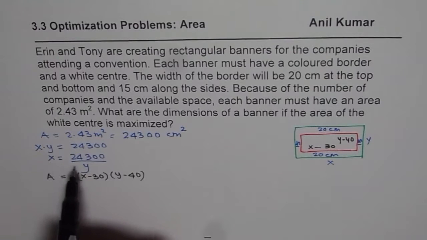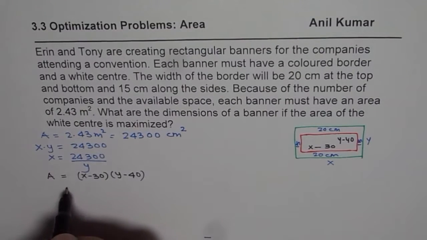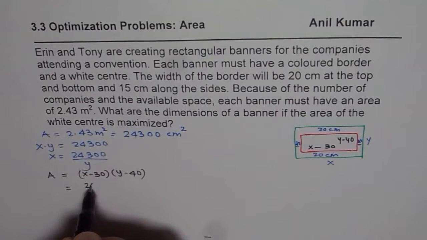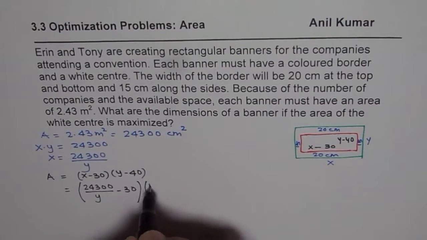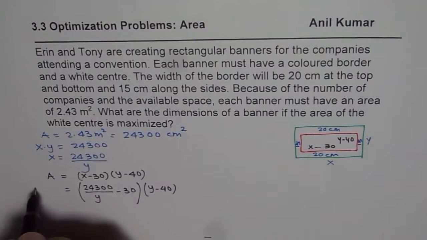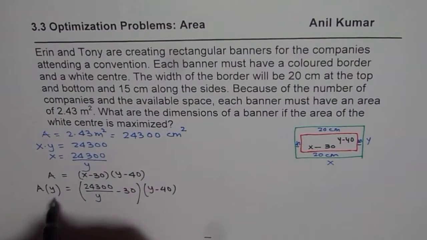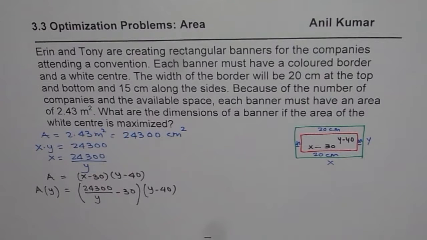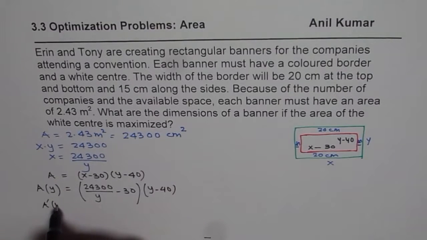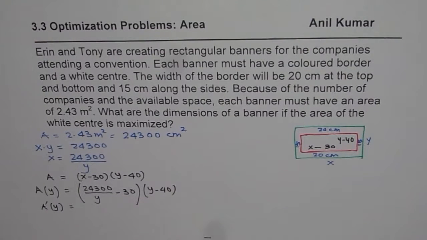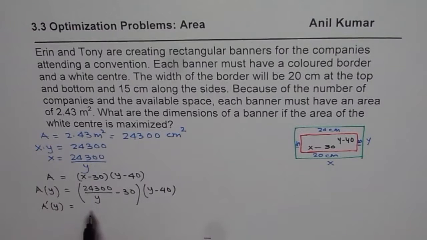Now in this case, x is 24,300 by y, so we can replace x with 24,300 divided by y, minus 30. That is the first term, and the second term is y minus 40. This is the area in terms of the variable y. Once you get area in terms of one variable, you can find the derivative. Well, in two variables also you can solve, but by now we are only learning single-variable derivatives. So we can apply the product rule.